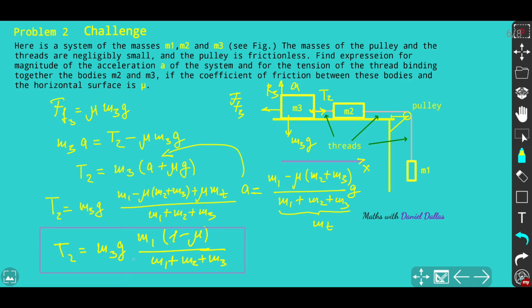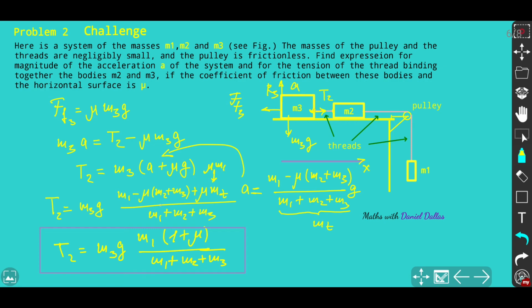Except, I guess, plus mu. When I factorize m1, we'll be left with mu m1 here, and the rest will be cancelled, so that's why 1 plus mu.